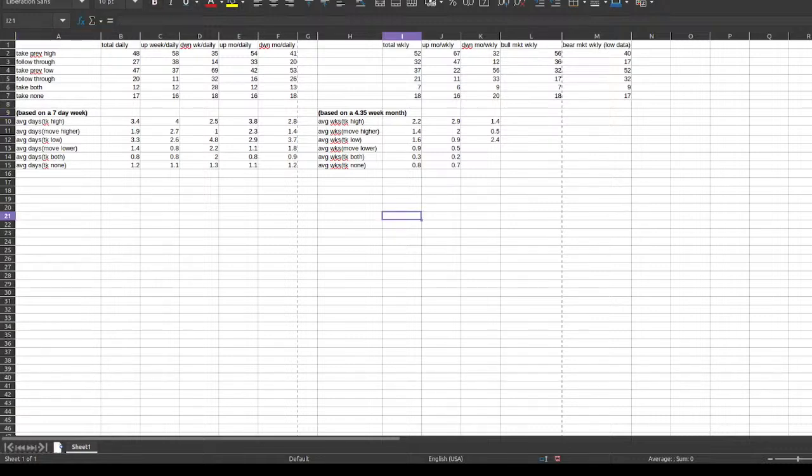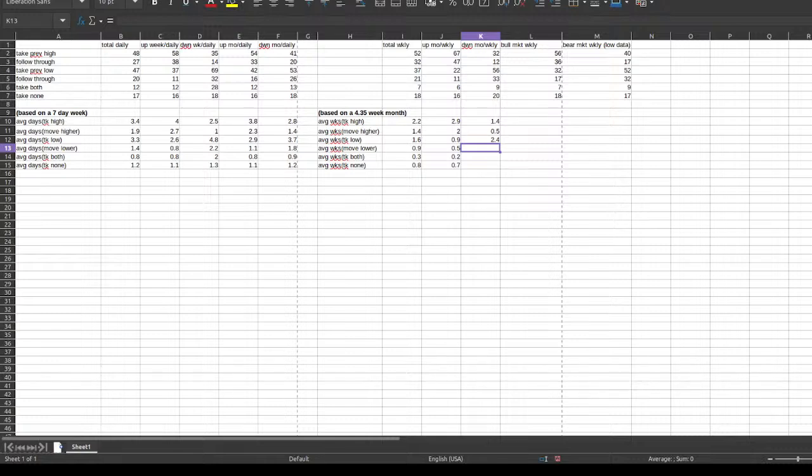Yes. Average weeks to move lower is going to be 0.33, right?